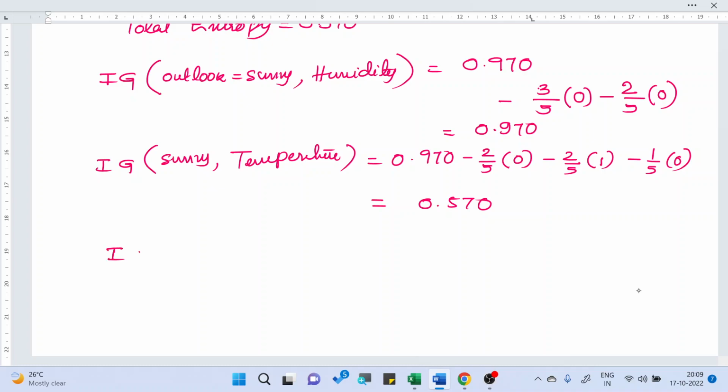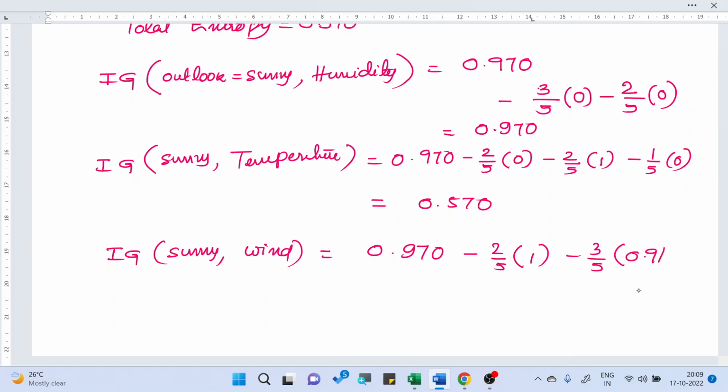Then information gain of sunny and wind is 0.970 minus 0.019. So, out of wind, temperature, humidity, which has more information gain?